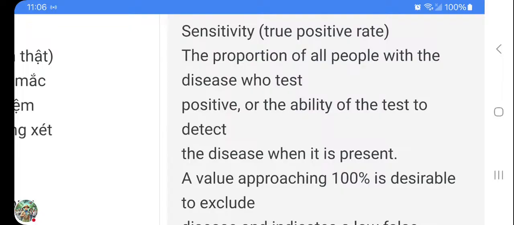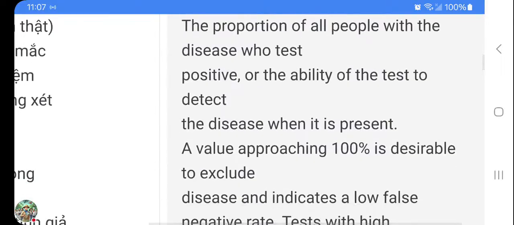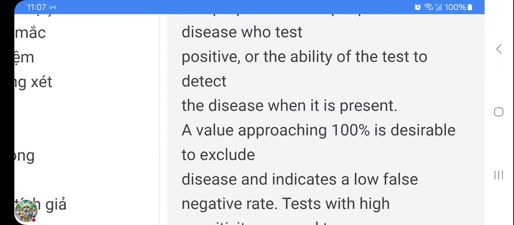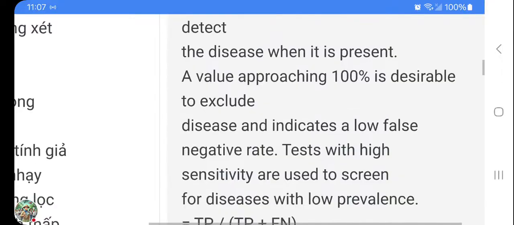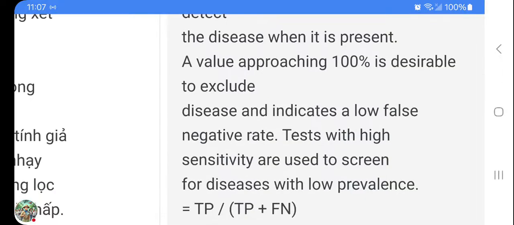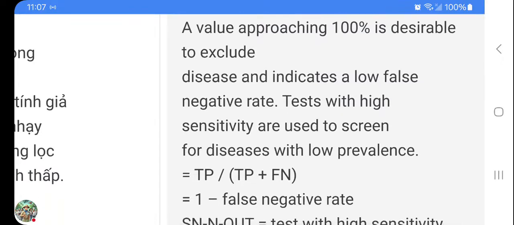Sensitivity is the proportion of all people with a disease who test positive, or the ability of the test to detect the disease when it is present. A value approaching 100% is desirable to exclude the disease and indicates a low false negative rate. Tests with high sensitivity are used to screen for diseases.